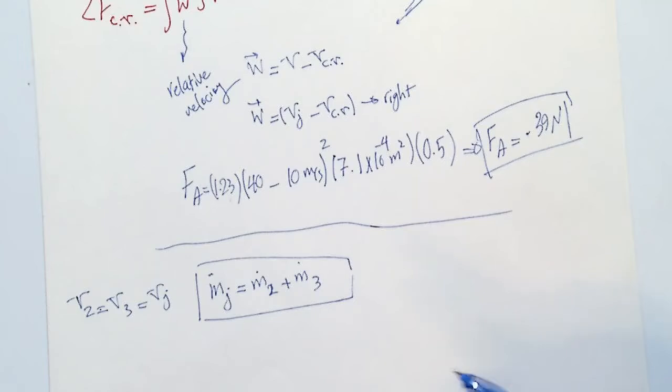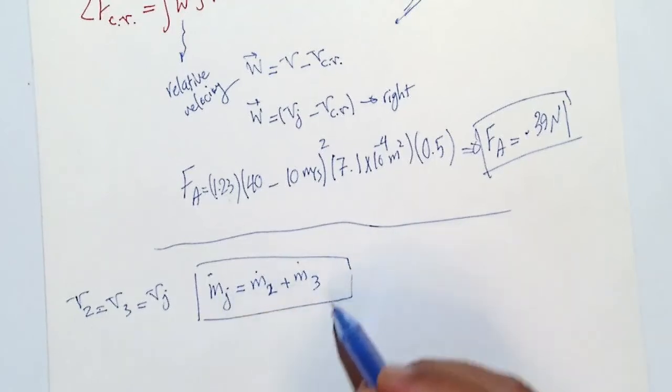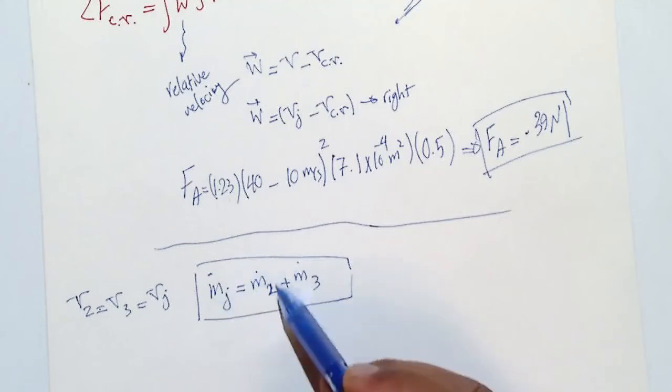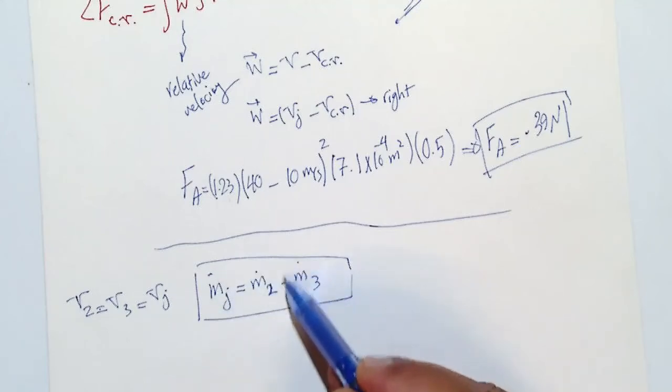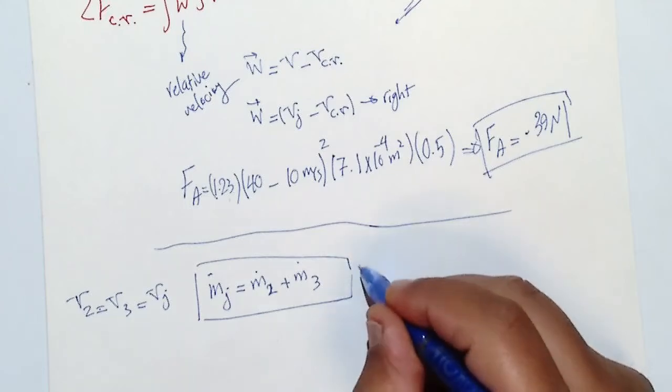So the summation of these two is m dot j, but again you cannot say how much of this m dot j is inside m dot 2 and how much is inside m dot 3. Why? Because you don't have the thickness of the output jets. So you keep that as equation 1.